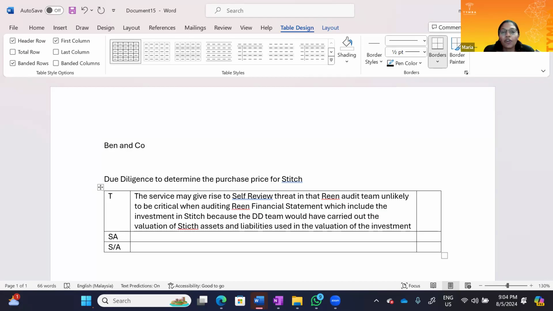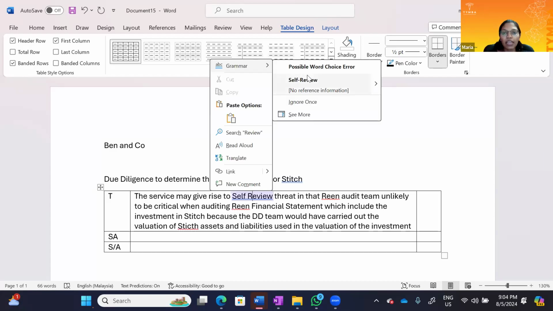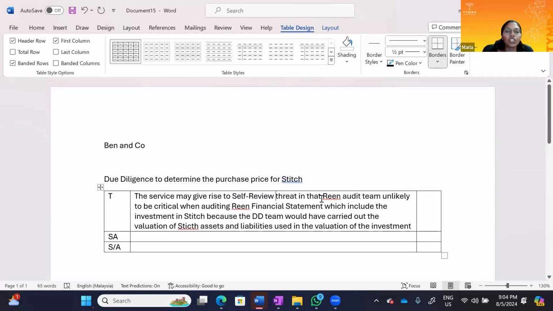This is for you to explain the threat and why you think this will give rise to the threat.